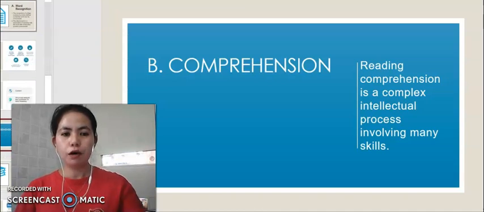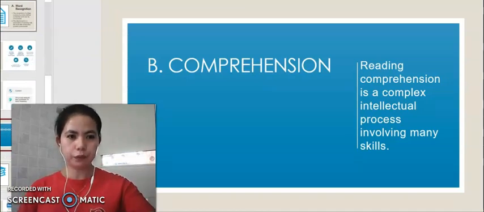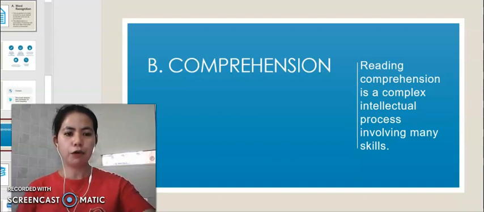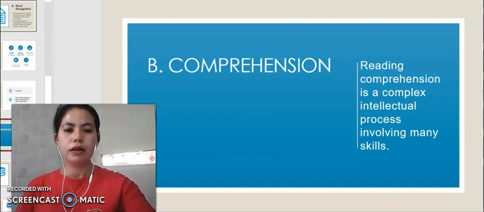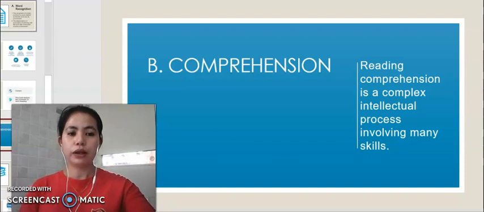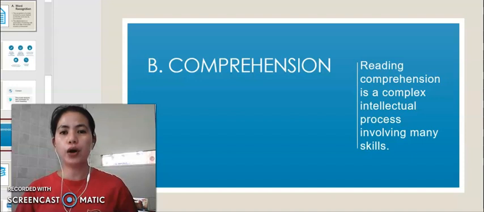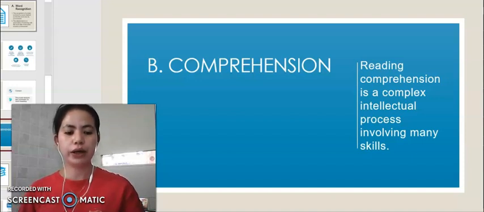For letter B, comprehension. Reading comprehension is a complex intellectual process involving many skills. This uses your cognitive ability because this is how you comprehend or understand what you have read.